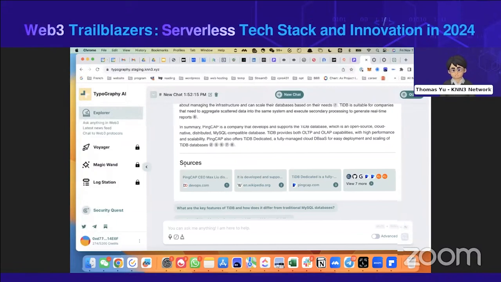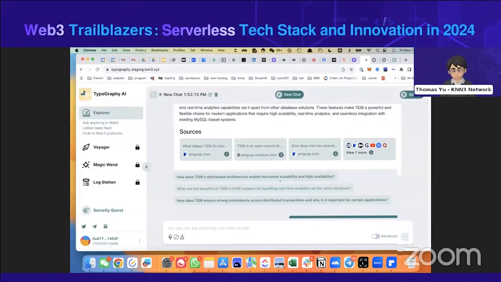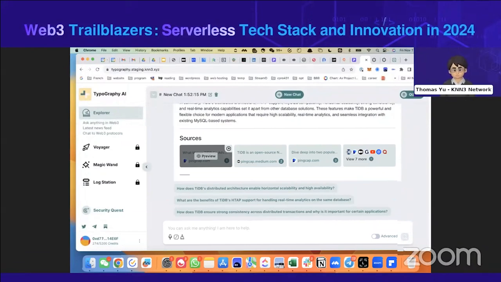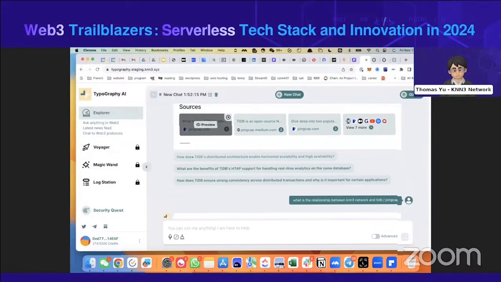You can also trace back the sources, where the data comes from, with more details, and you can preview those resources, but that's not the suggested approach. A better solution is to keep asking follow-up questions to dive into more details.